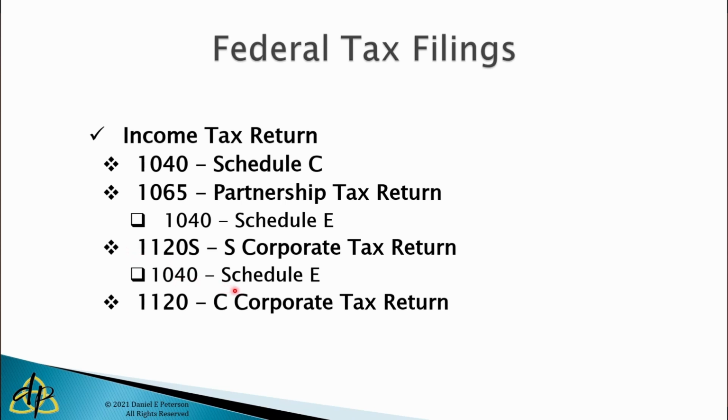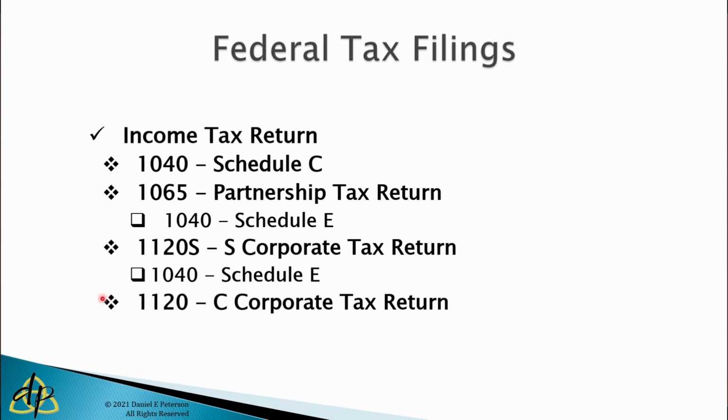Or if you're operating as a C corporation, you will file a Form 1120. Each of these filing deadlines is different, and so you need to find out what the filing deadline is for those returns to make sure you file them timely.